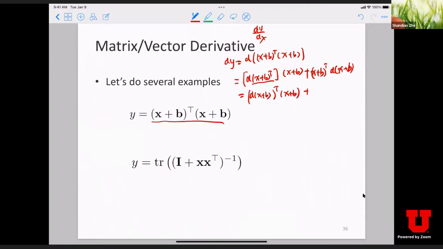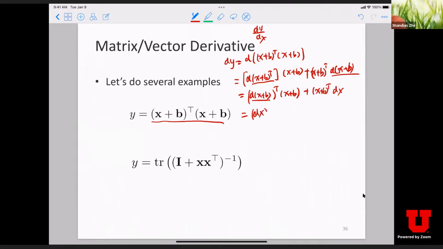Now let us look at the second one. The first term is still x plus b transpose. And the second is the derivative of x plus a constant. Note that the derivative of x plus a constant is dx plus db, and the derivative of a constant is simply 0. So d(x plus b) is simply dx.